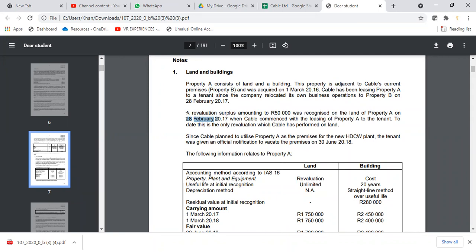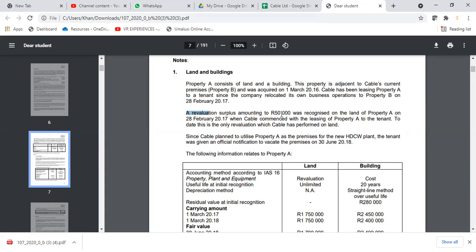So on 28 February 2017, before the transfer, you first account for the asset in terms of PPE. And because they use the revaluation model, they needed to recognize a revaluation gain or loss. Here they say there was a revaluation surplus of 50,000 Rand recognized on property A on 28 February 2017. So I'm going to make up a number.